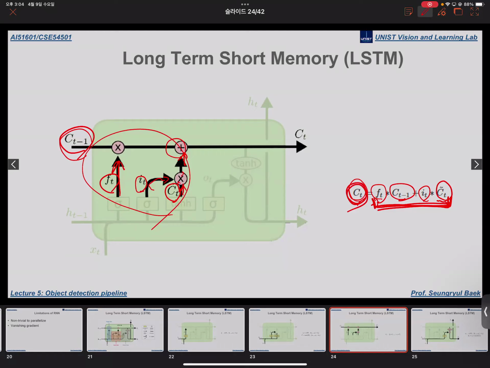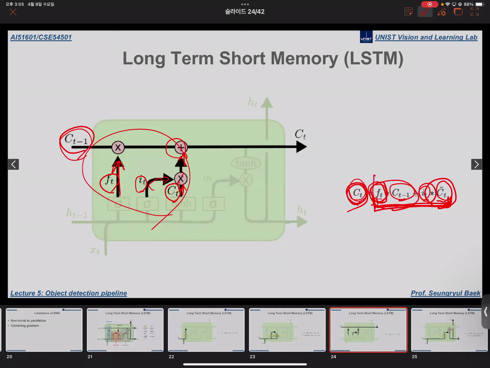So here, the important motivation of this LSTM is that it controls how much information we will use from the current cell state, and at the same time how much information we will lose from the previous cell state.